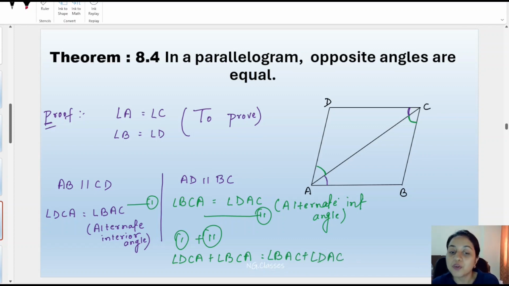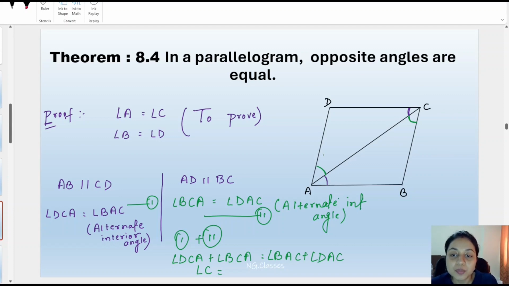Now when we focus on angle DCA plus BCA, we will get the complete angle C. Can you see this purple angle and this green angle are making the complete angle C? So here we can write angle C is equal to angle BAC plus angle DAC.